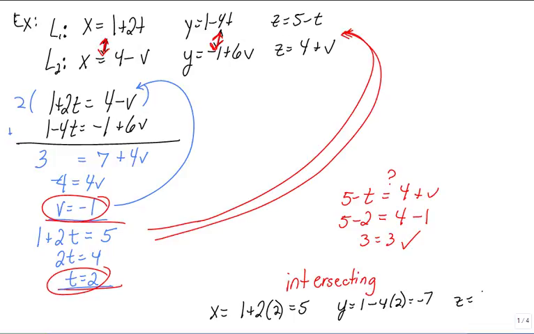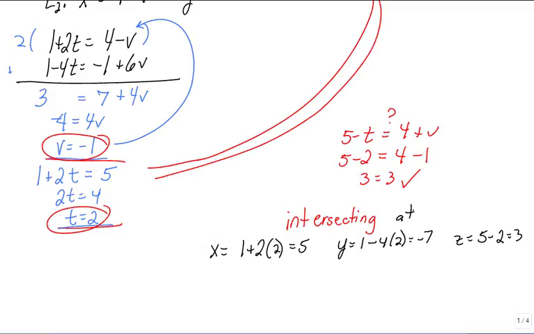And z is 5 minus 2, which is 3. So the point where they intersect is 5, negative 7, 3. Or you can take v and substitute it back in. It doesn't matter which one you do, because it has to satisfy all three equations.